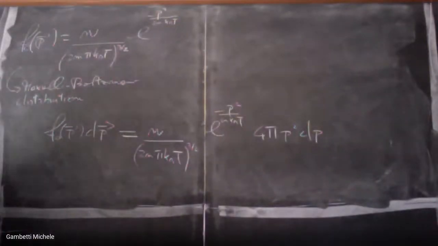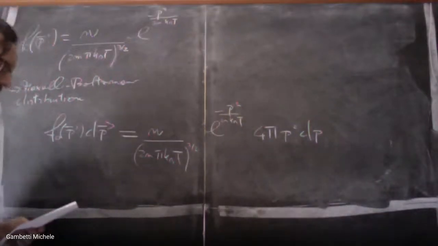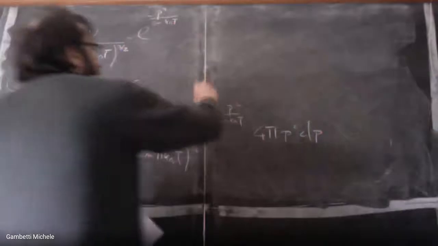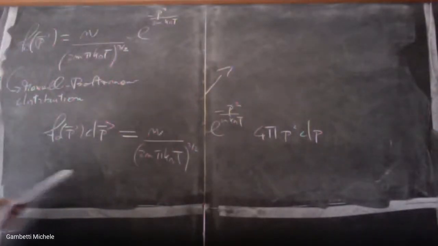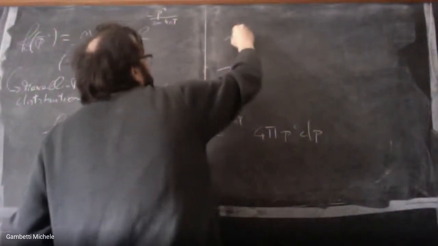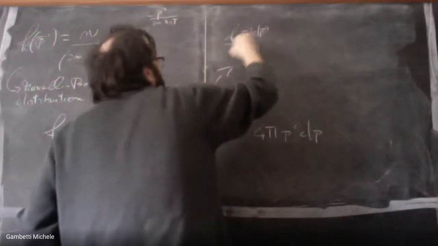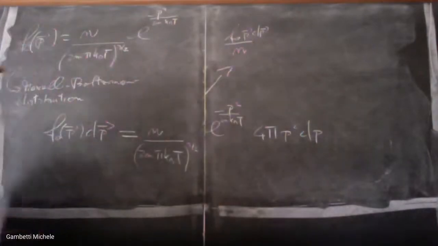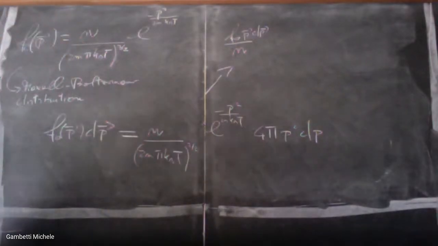And now let me introduce the velocity. So write f0 of p dp divided by n. I'm dividing by n in order to have a probability.